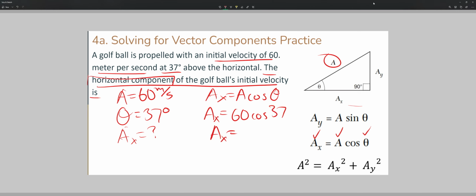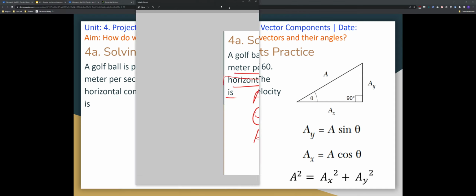We plug this into our calculators. Make sure your calculators are in degrees and not radians, because if it's in radians, you will get the wrong answer. And so here I get 47.9 meters per second, because we're looking for the horizontal component of the velocity.